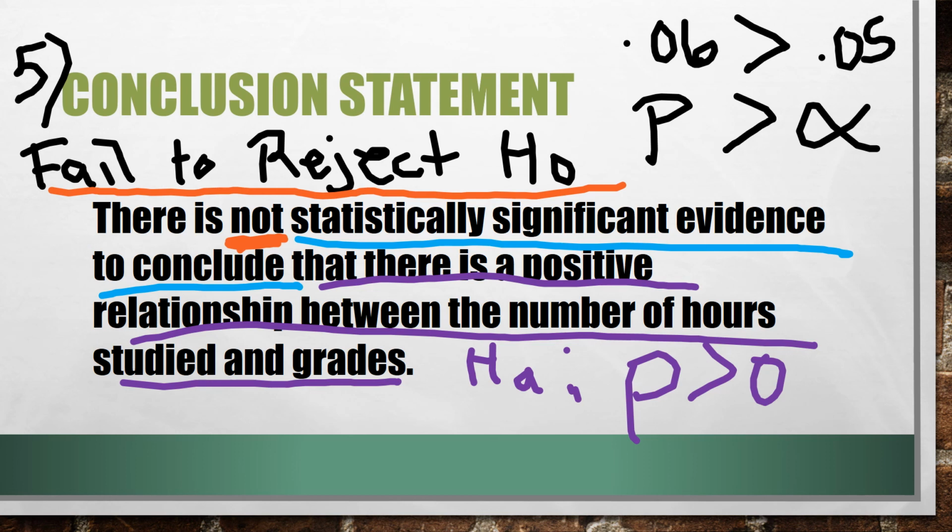And we can redo this with a larger n, right? Because this isn't an end-all statement. It doesn't mean that there's not a relationship between the number of hours studied and grades. It just means we didn't find a significant amount of evidence to conclude that. So particularly in this example, we have only an n of 4. So if we had a larger n, we might find it here.